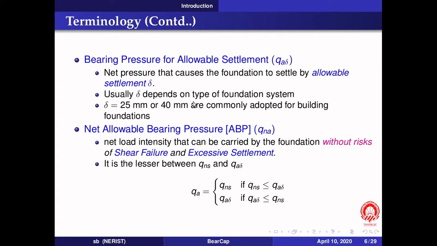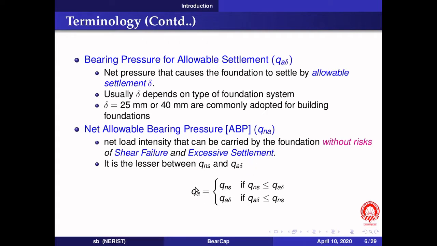And ultimately we need to find out the net allowable bearing pressure, which is the lesser of these two, the net safe bearing capacity or the bearing pressure for allowable settlement. Whichever is lower, we must limit our load intensity to that amount so that we are safe both from shear failure criterion and from the settlement criterion.